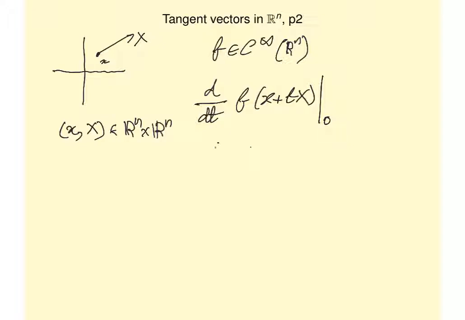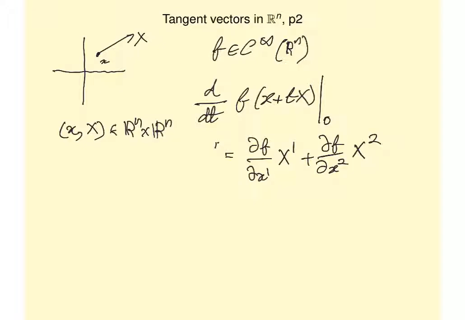And by the chain rule, that's simply the partial of f with respect to x1 times capital X1 plus the partial of f with respect to x2 by capital X2.